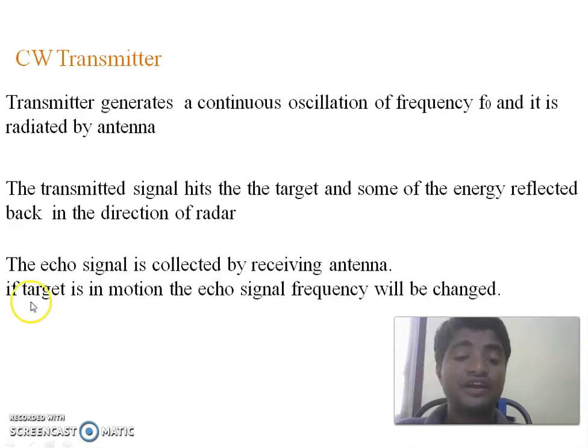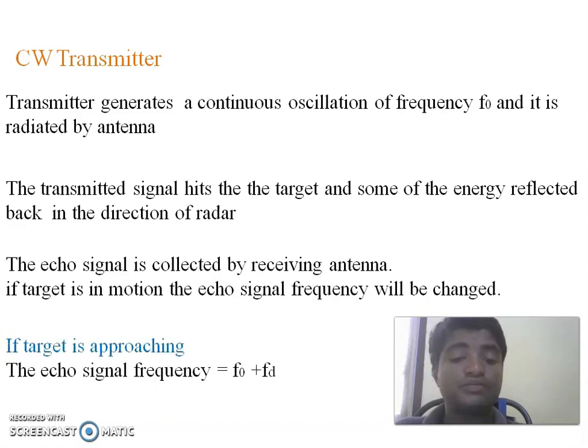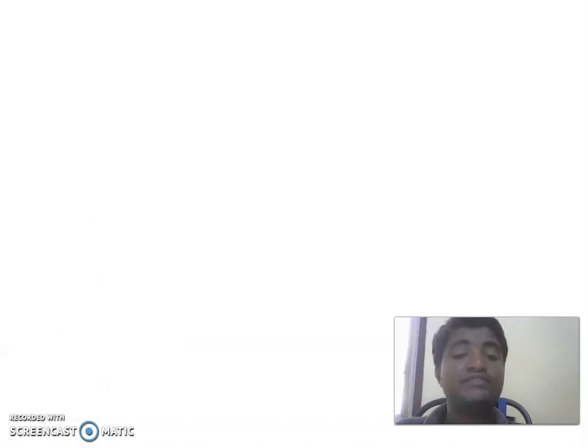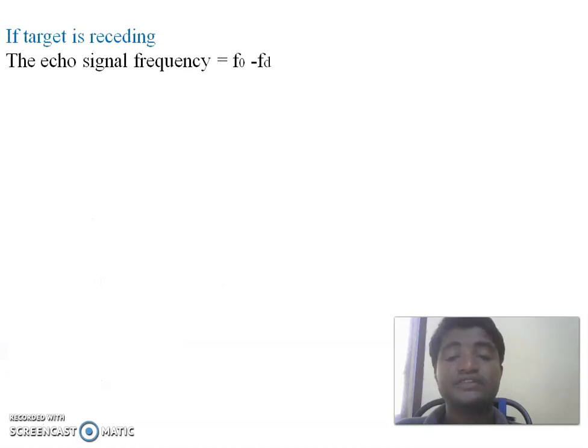Suppose the target is in motion. According to the Doppler effect, when the target is in motion, there is a change in the frequency. Suppose the target is approaching. We know that if the target is approaching, the echo signal frequency is f0 plus fd, and if the target is receding or moving away, the echo signal frequency is f0 minus fd.